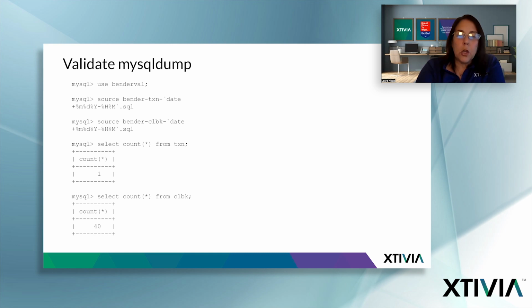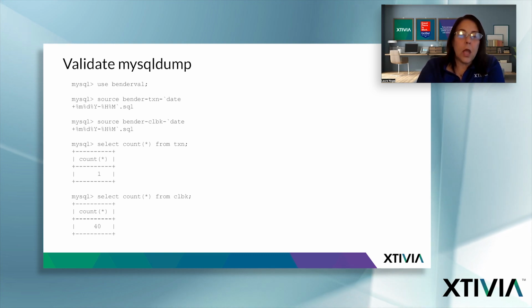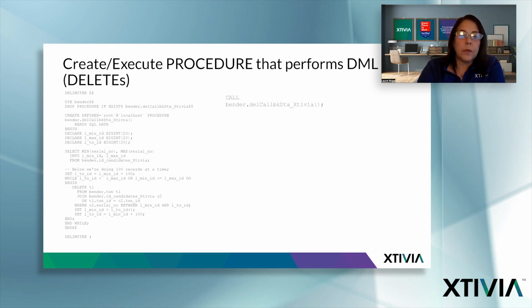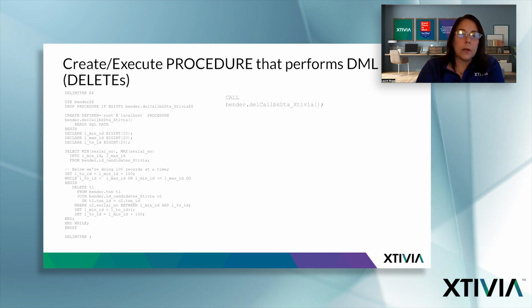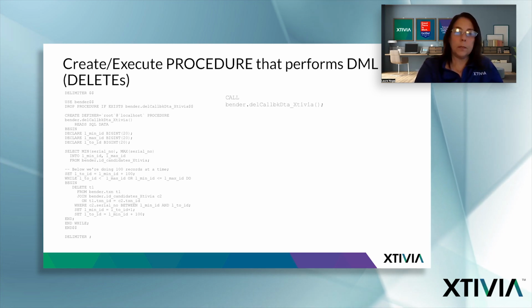And then I'm going to validate, I'm going to import those dump files created in the previous slide to show you that I really was able to get that transaction and the associated child records in that dump file. And then lastly, here is, I have a typo here.